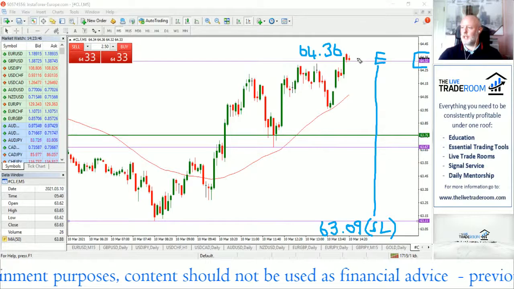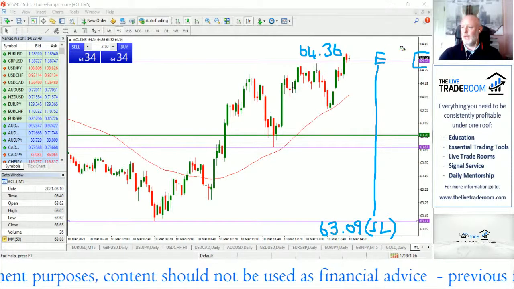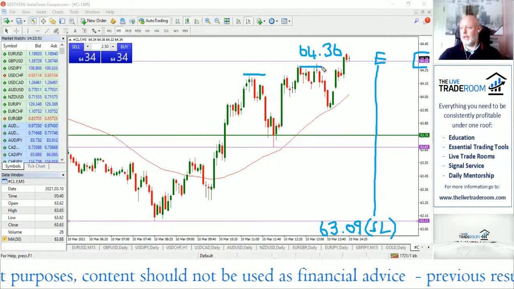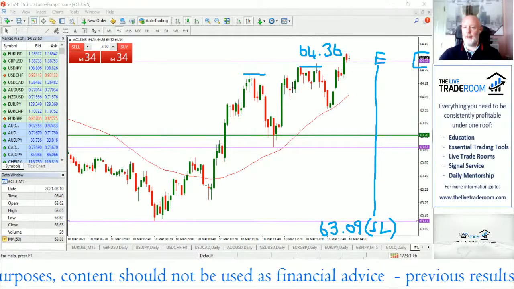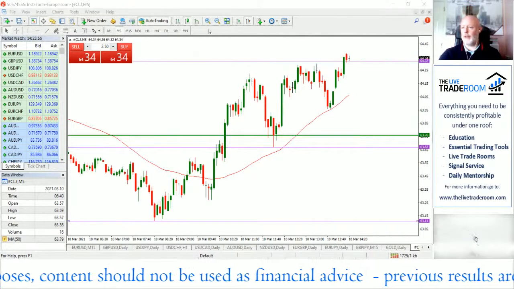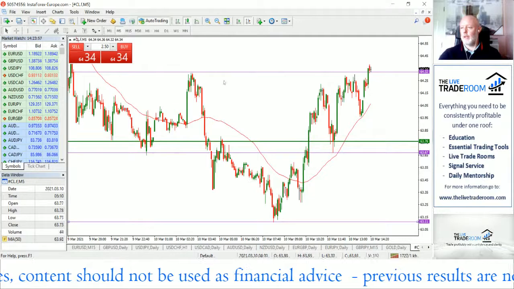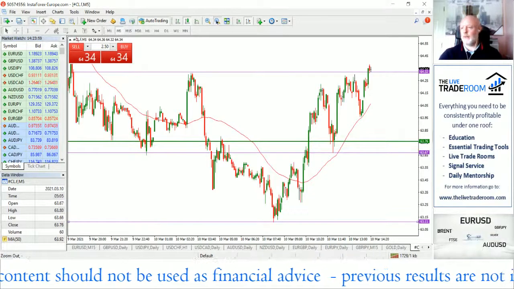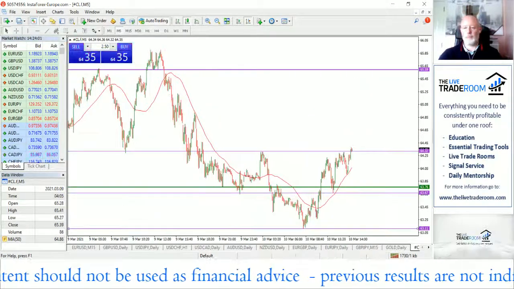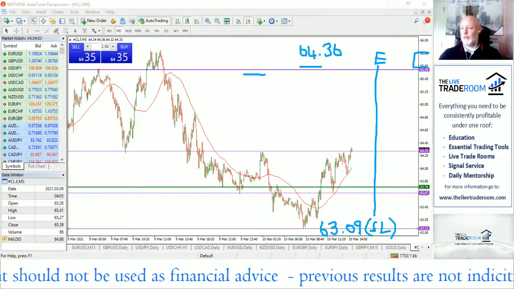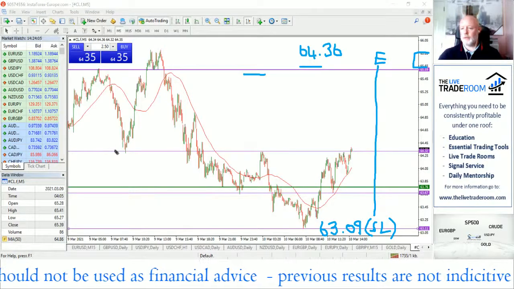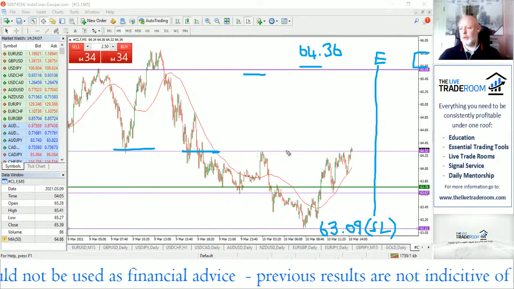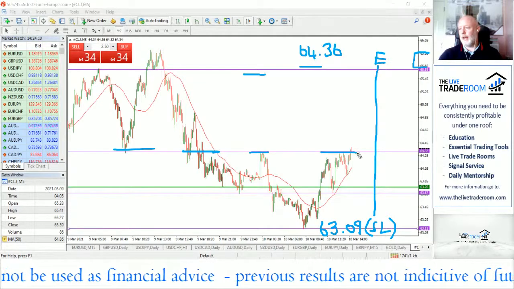It's a technical entry to the upside, and it's not just over these little levels just in here. It extends a little bit further. So if I just zoom out, you can see it's an important level across prolonged time frames. And that's what we're looking to trade.